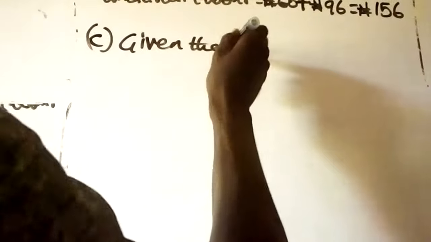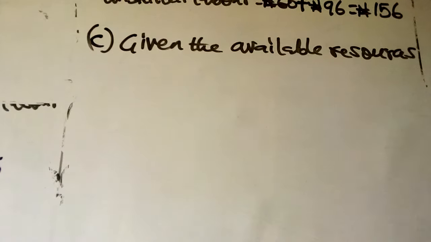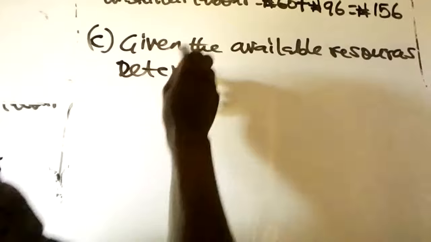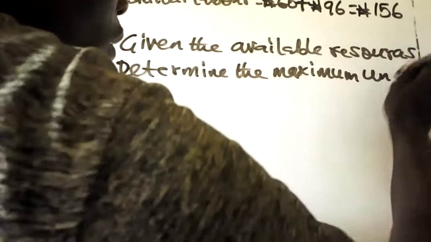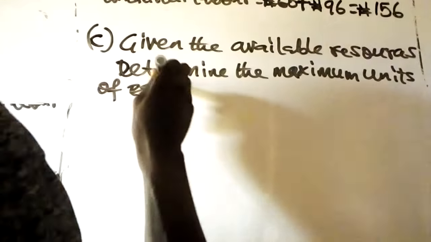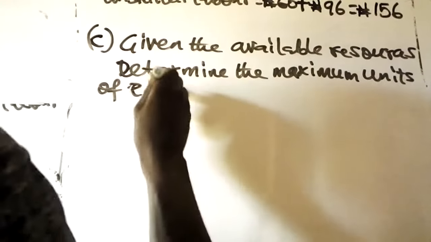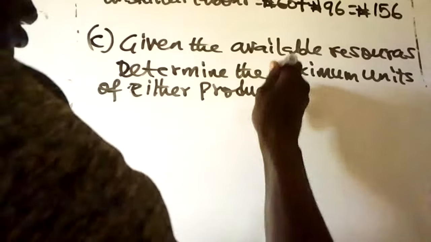Now, to answer requirement C, given the available resources, we want to determine the maximum units of either product that can be produced.